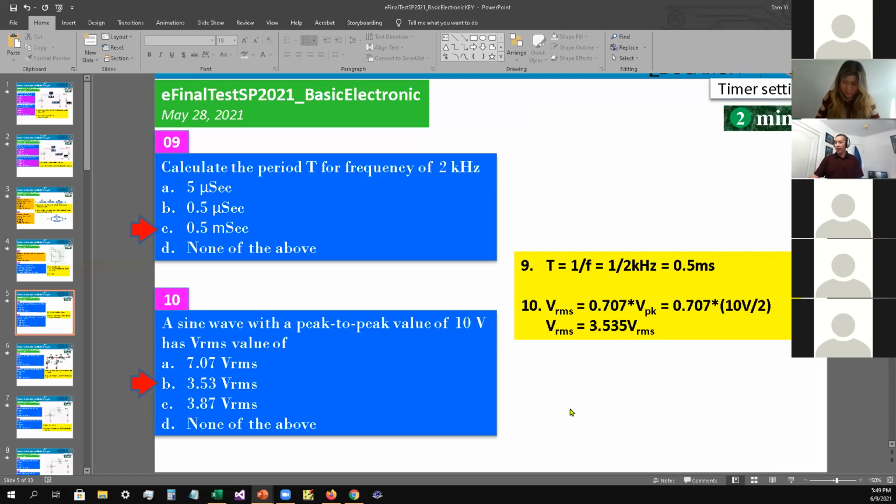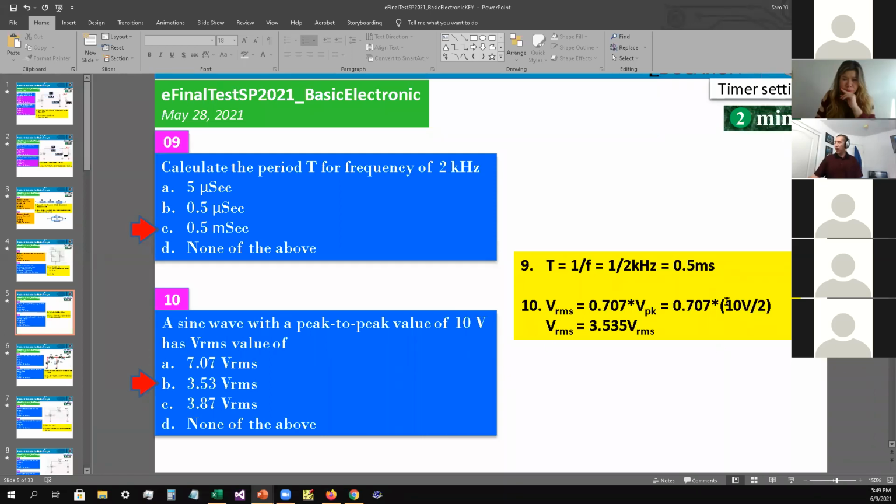Number 10, a sine wave with a peak-to-peak value of 10 volt has a VRMS value of... So this is 10 volt, and they said it's peak-to-peak. So we want to find out the peak value: take the 10 divided by 2, that gives you the peak value.